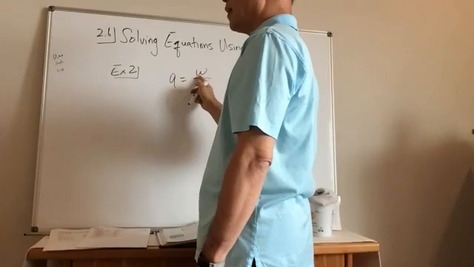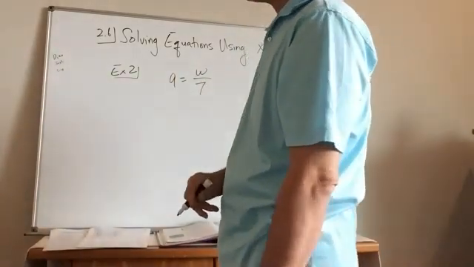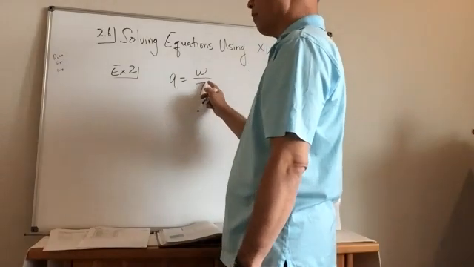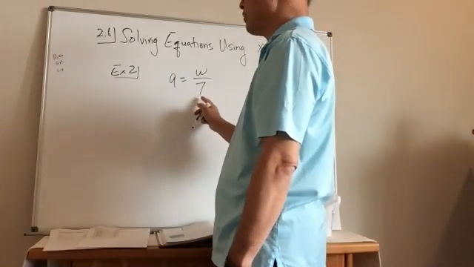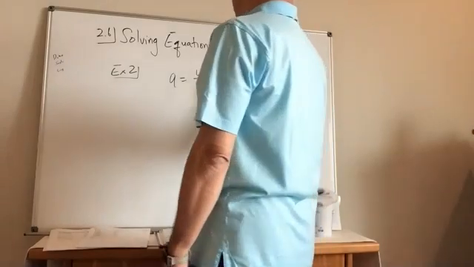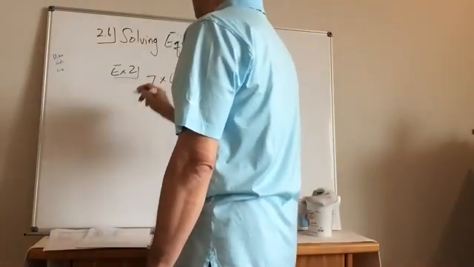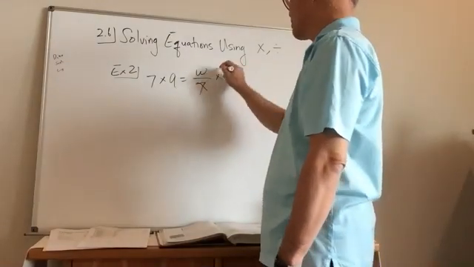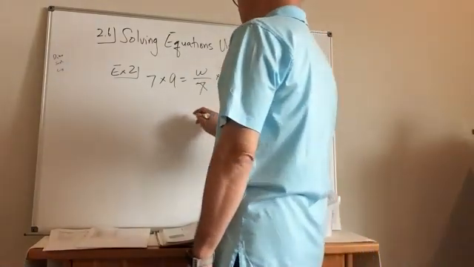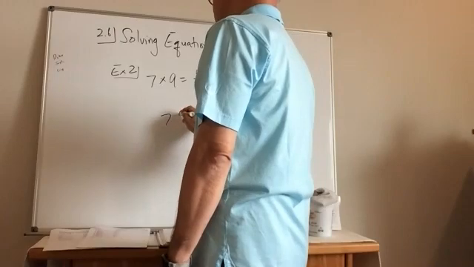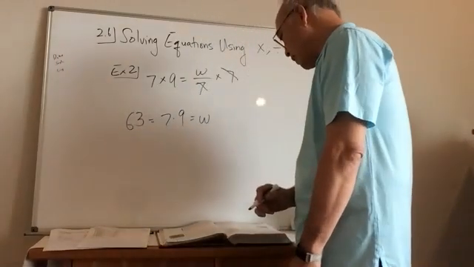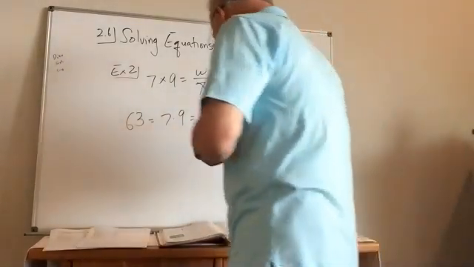In order to get w by itself, I'm going to have to get rid of this 7. The way to get rid of a 7 in the denominator is to multiply both sides by 7. The 7s cancel out. I have w is equal to 7 times 9. Your answer is 63.